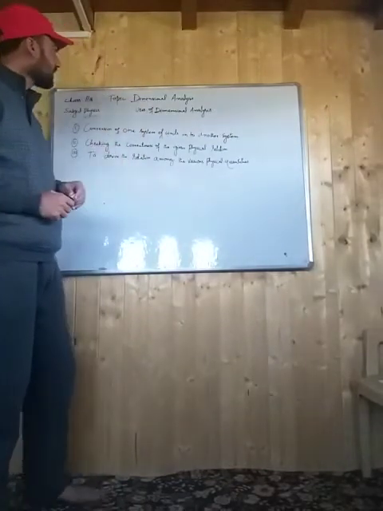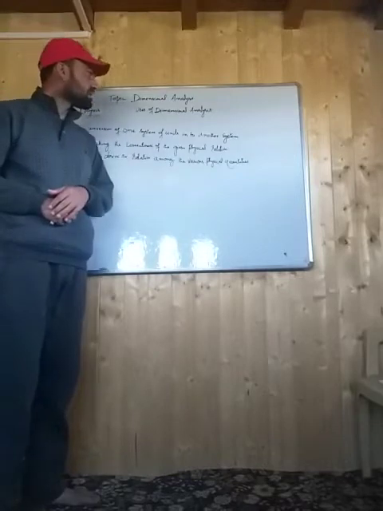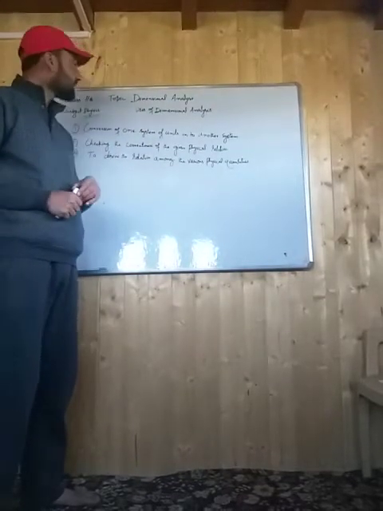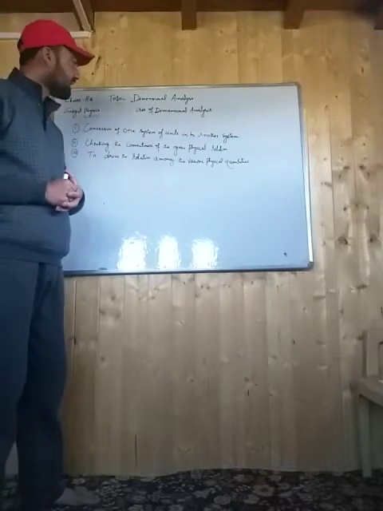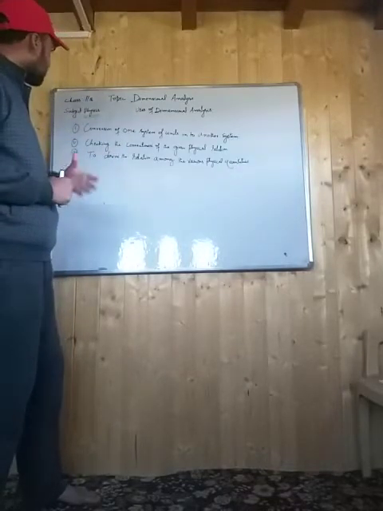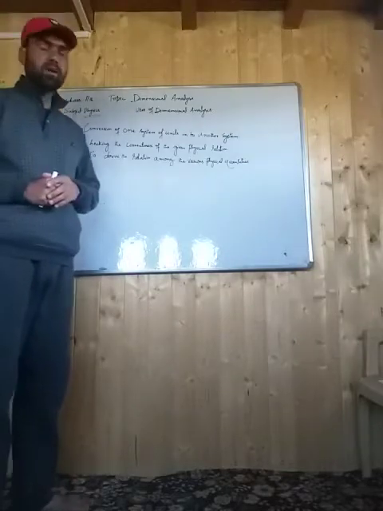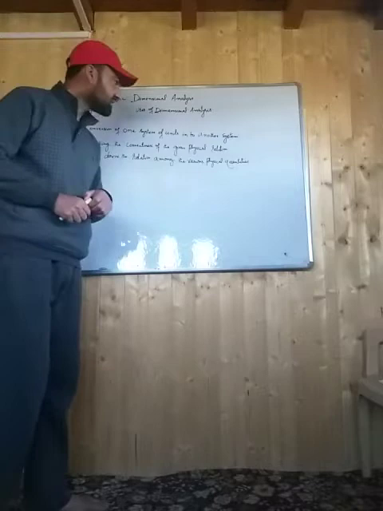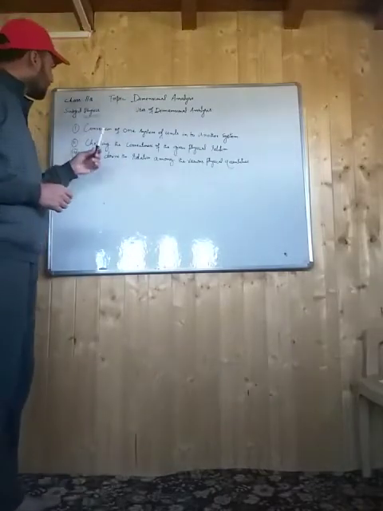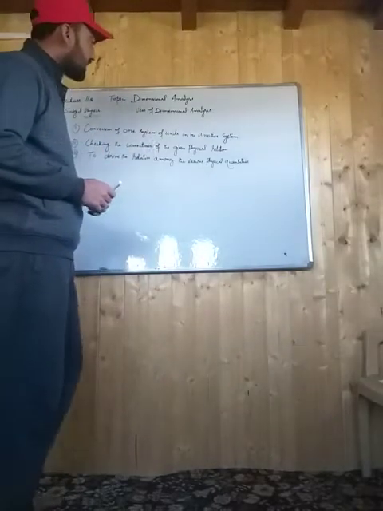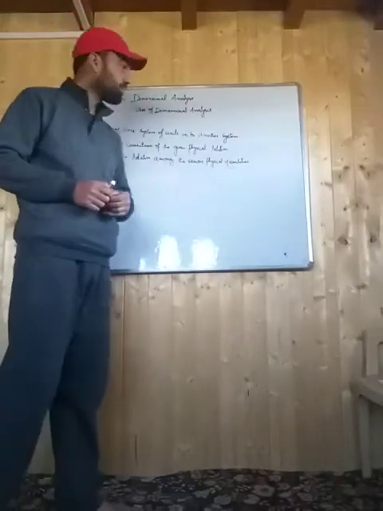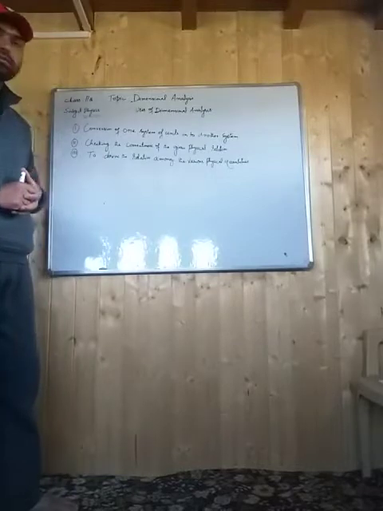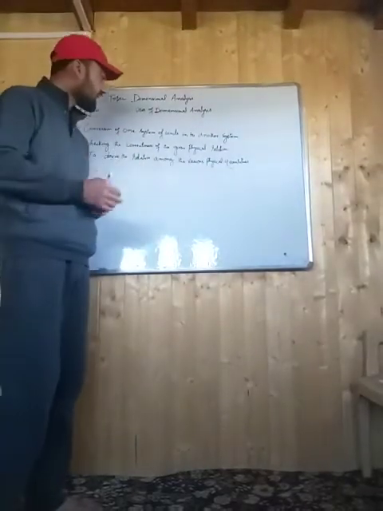So, the topic is dimensional analysis. The next part of that topic, which I had already started in the school, is the uses of dimensional analysis. As far as class 11th is concerned, dimensional analysis can be used in three different ways. Number one, we can convert one system of unit into another system of unit, means we can convert SI system into CGS system, and CGS system into SI system.